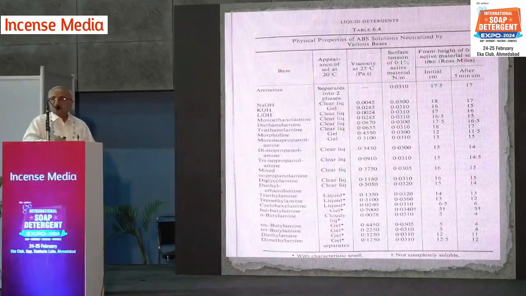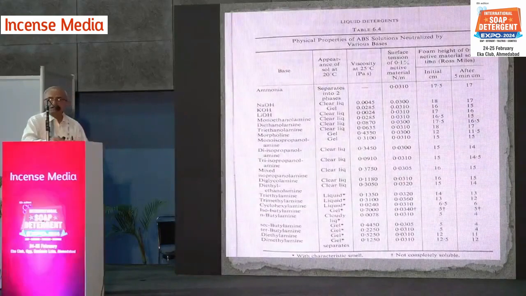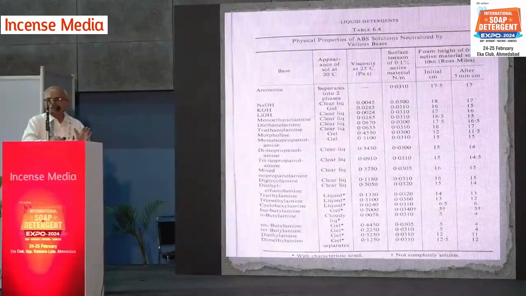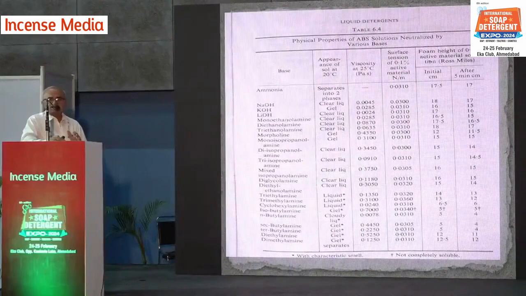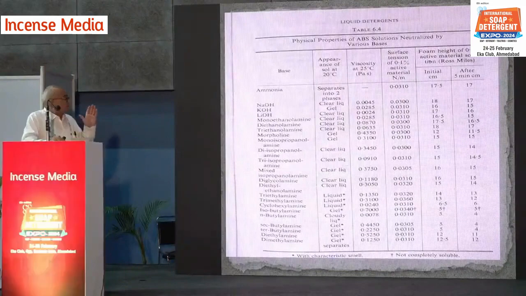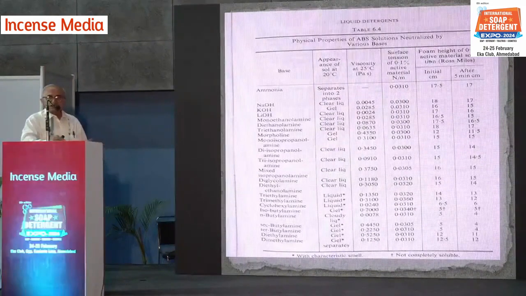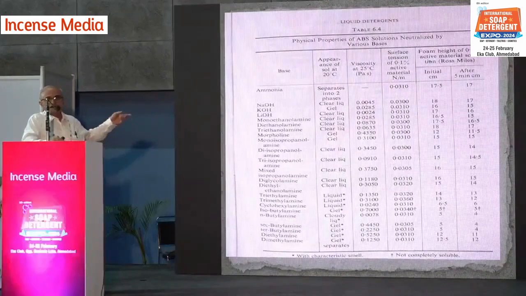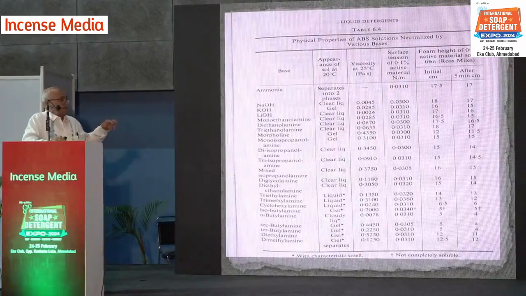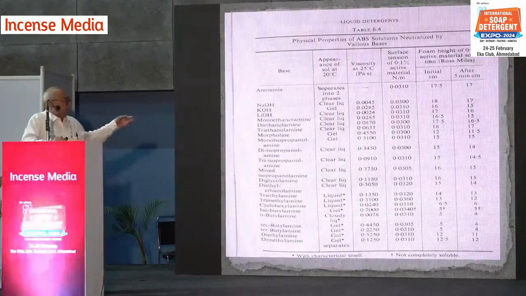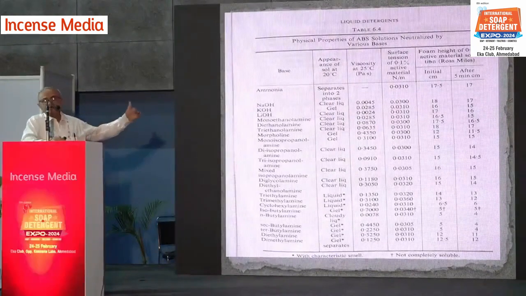This chart shows that LABSA acid slurry can be neutralized with so many bases. You can neutralize with, say, ammonia, NaOH, KOH, various types, and this is for DDB. For example, if you neutralize the DDB with potassium hydroxide, you will get gel.